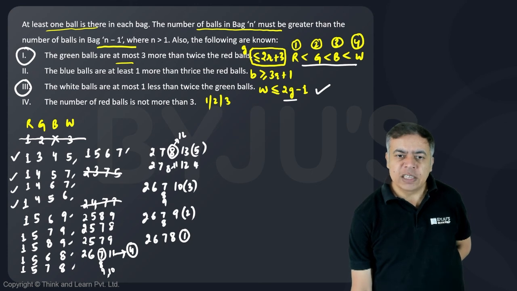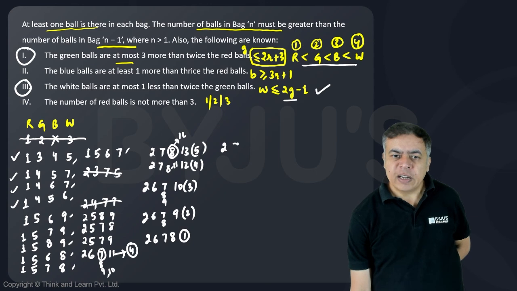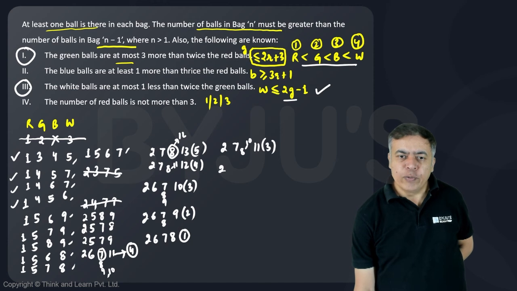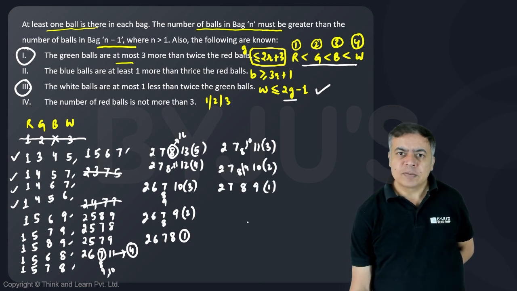That is 4 cases. If I take 2, 7, 11 here, it can go from 8 to 10. That is 3 cases. And if you have 2, 7, 10 in the white, so 8 or 9, you will have 2 cases. Or if you take 2, 7, 9 here, so 8, you can have 1 case.